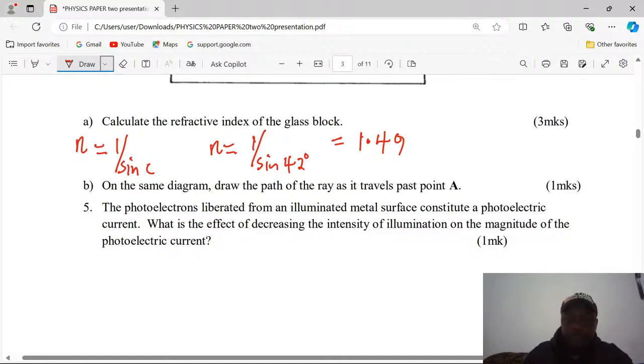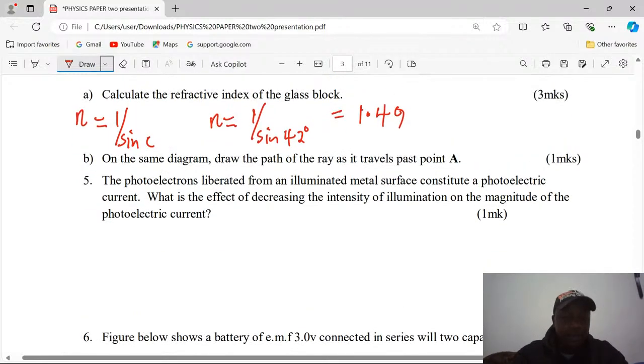And so if we decrease the intensity of the illumination, it means the photoemission will be decreased. And so the photoelectric current that will flow will be little.